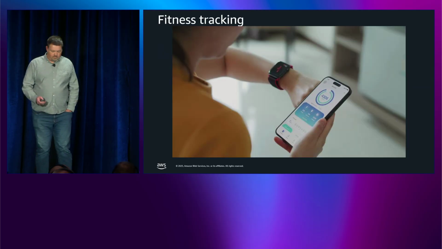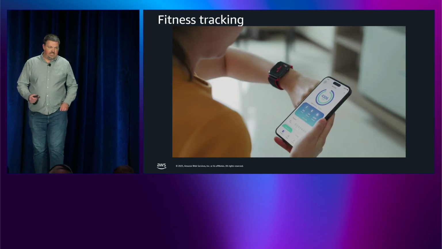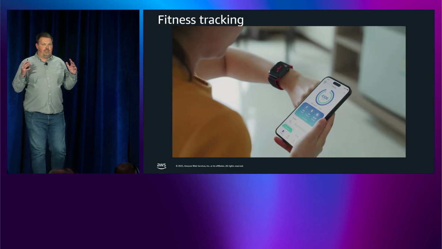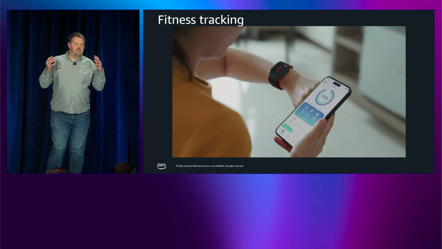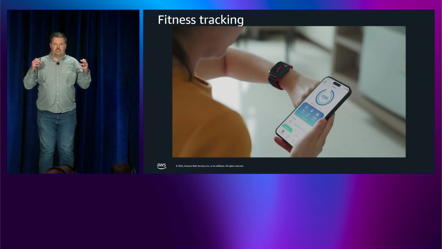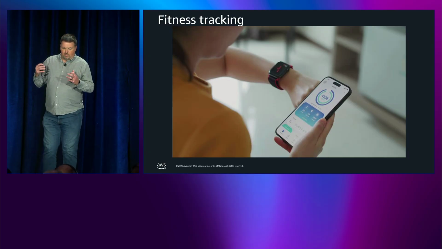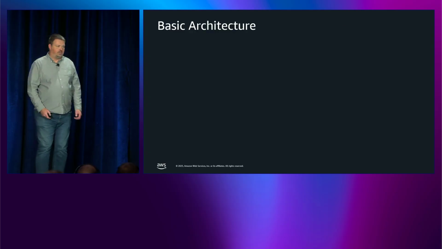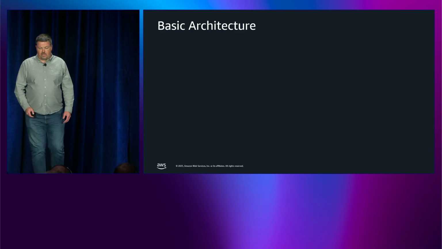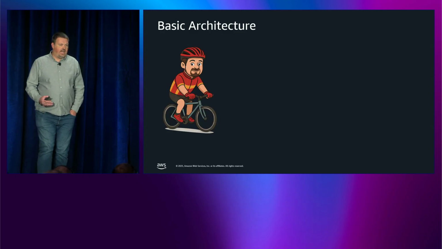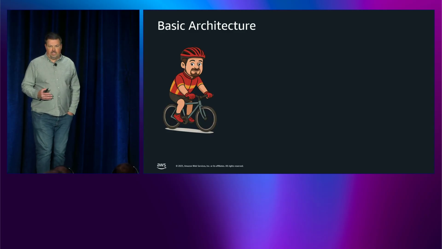Now, to help us out, what we're going to do is kind of frame this in the idea of a fitness tracker. Because I think sometimes it's a little bit hard to get our head around security without having an actual application to talk through or an architecture to talk through. So we're going to use this idea of having a fitness tracker. And the basic architecture that we're going to work with is we're going to have our athlete.